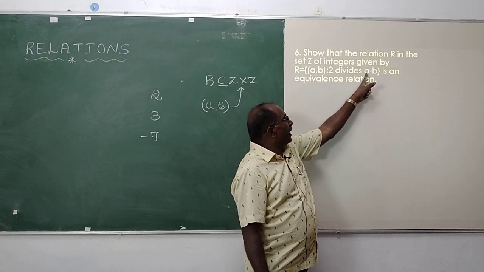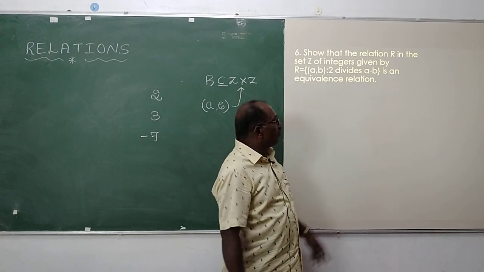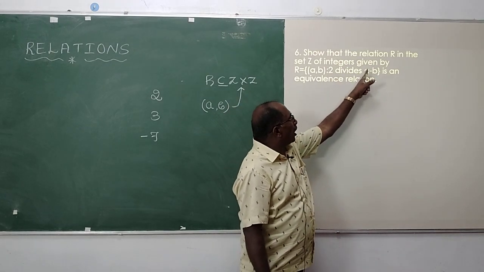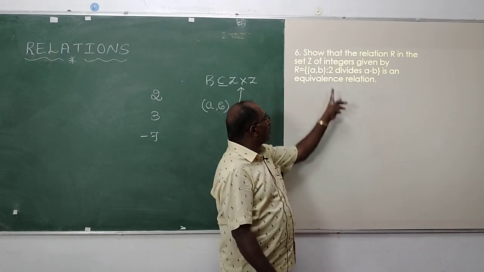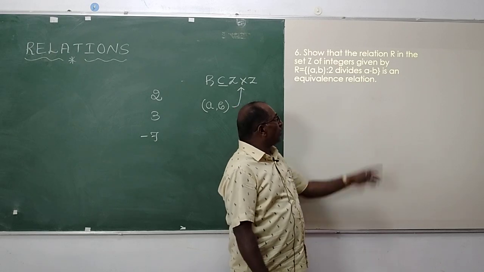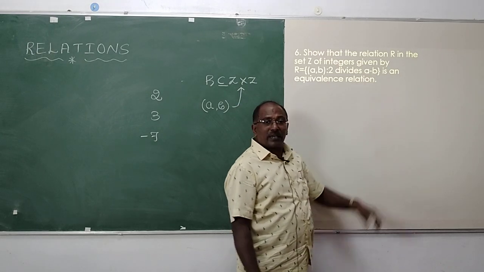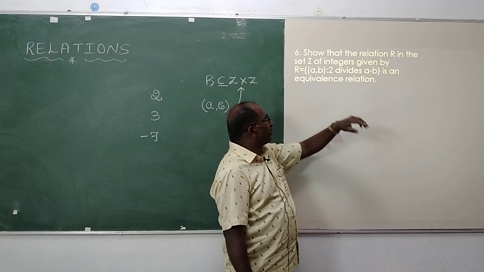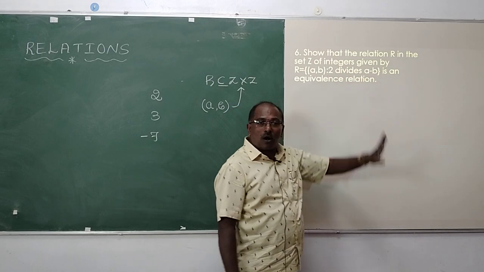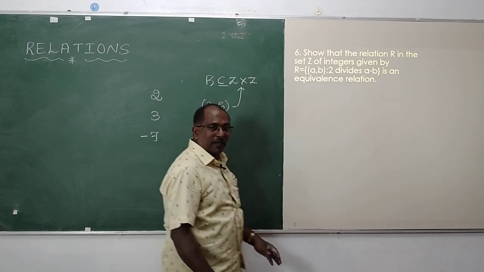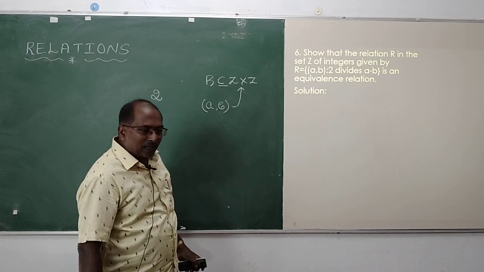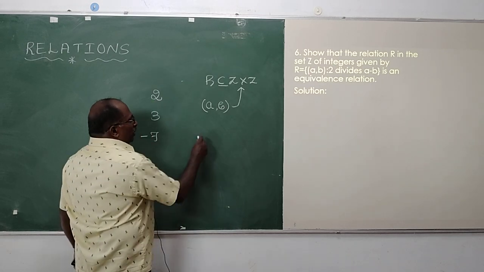Again I repeat, even minus even is even, which is divisible by 2. Odd minus odd is also even, which is divisible by 2. But odd minus even is not even, which is not divisible by 2. Even minus odd is odd, which is not divisible by 2. It is clear from this example.